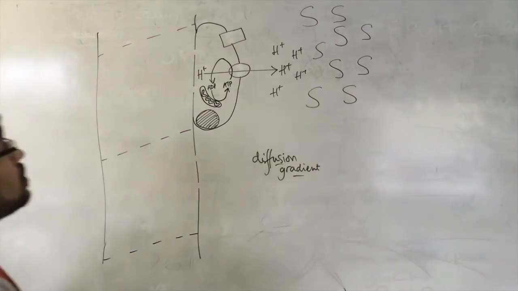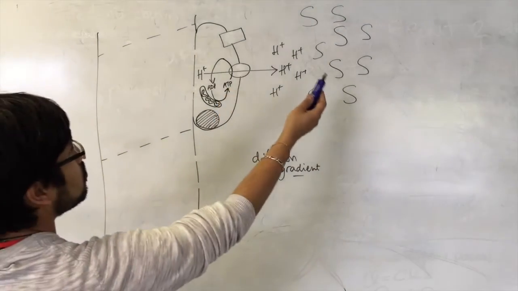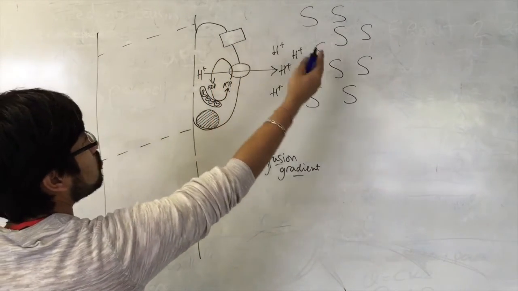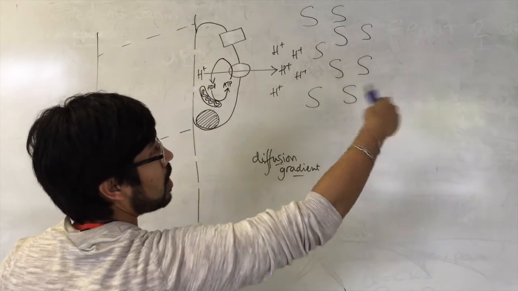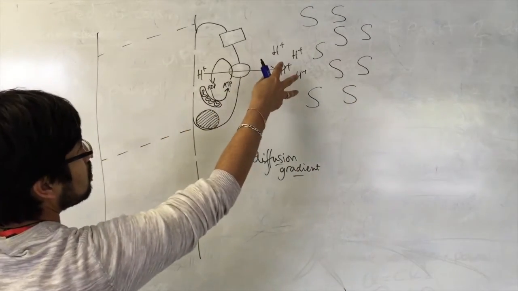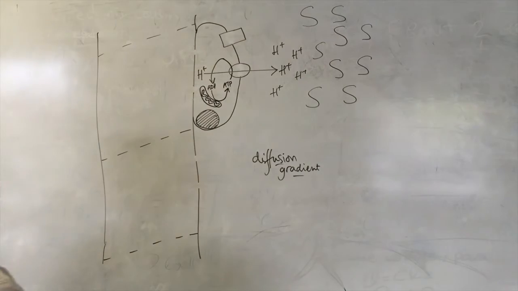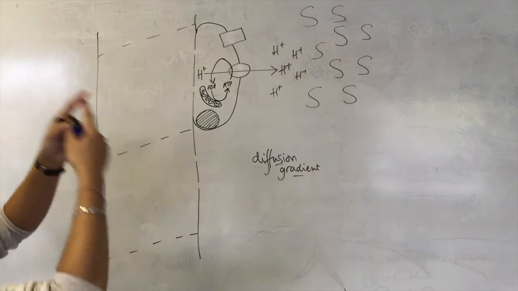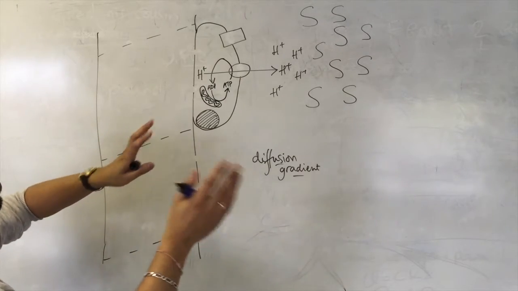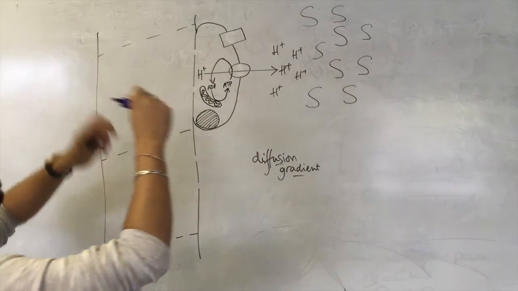The sucrose has come from other cells that are actively photosynthesizing, and the protons have come from the companion cell. This protein is a cotransporter, which means it needs to transport two things at the same time. One of them on their own won't work. It needs the two together.